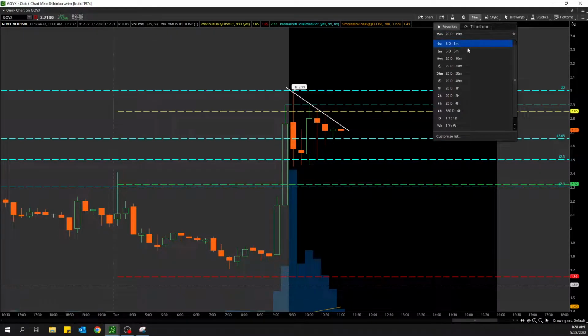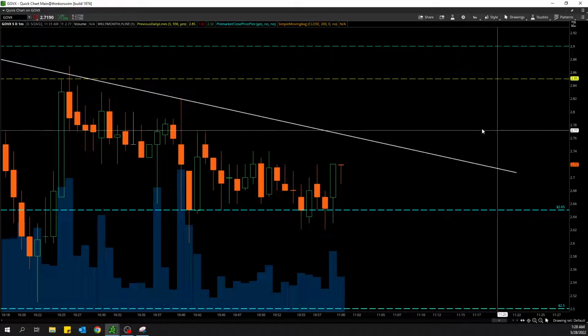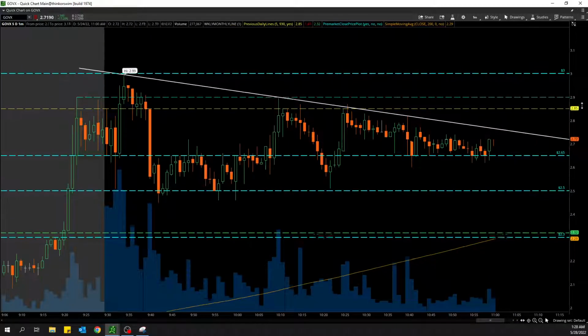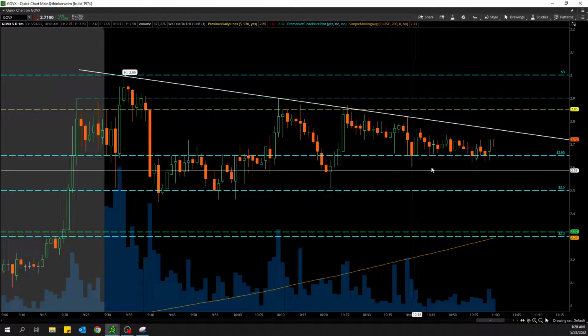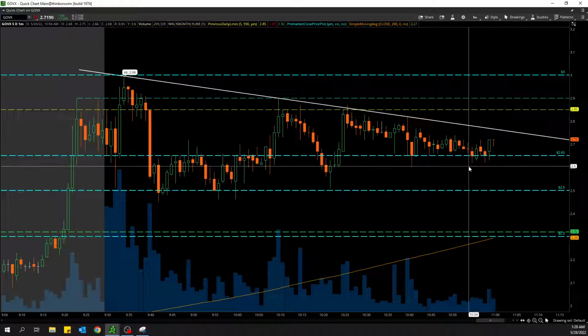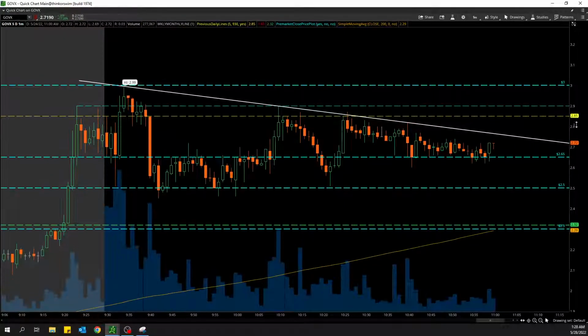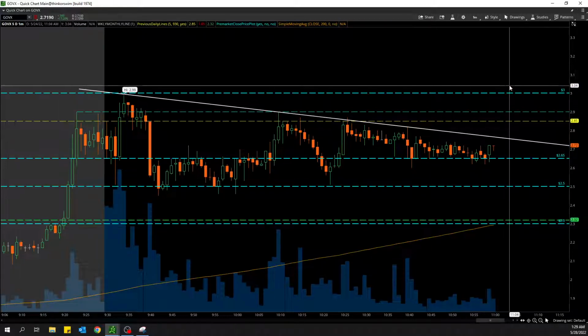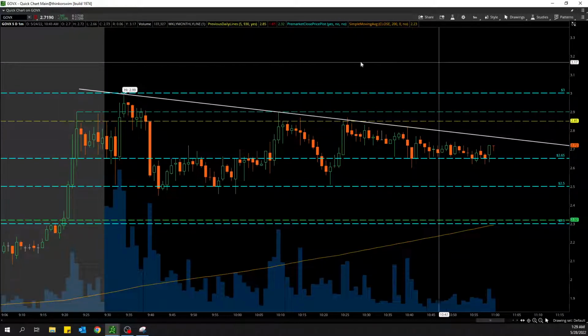So if we look at the 1 minute, things are starting to look a little different. You're starting to see the wedge. You're starting to see that this can go higher, possibly.